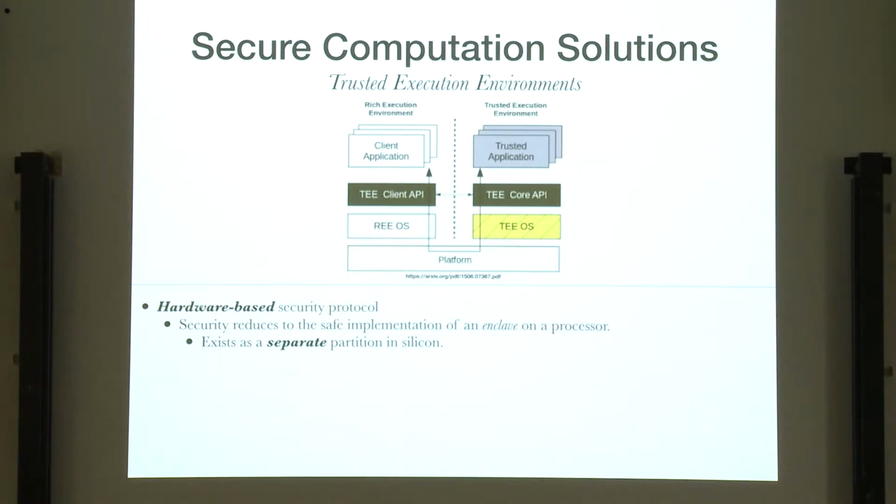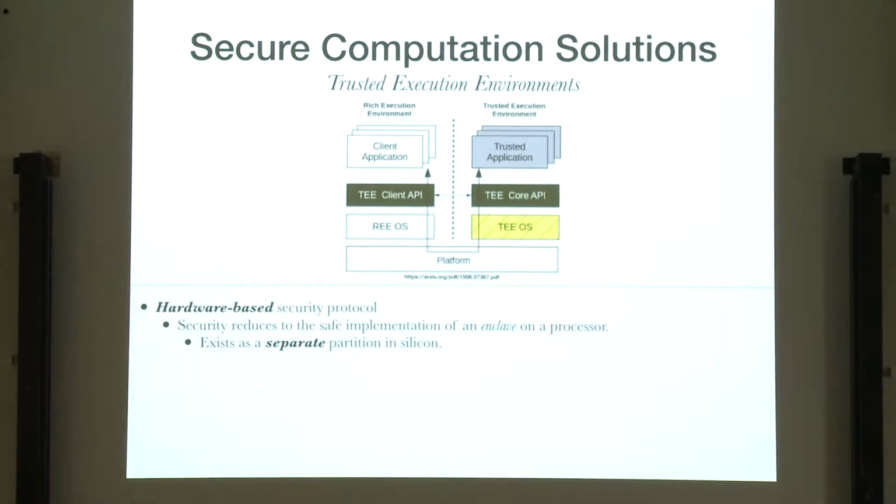We have a platform in that diagram, usually something like a CPU or a trusted platform, TPM, that's usually a chip on a motherboard. What I want you to think of when you hear hardware-based security is a separate partition in silicon. What that means is we have like a little piece on the actual silicon of a chip, of a processor, of a motherboard that acts entirely different from the rest of the computer.